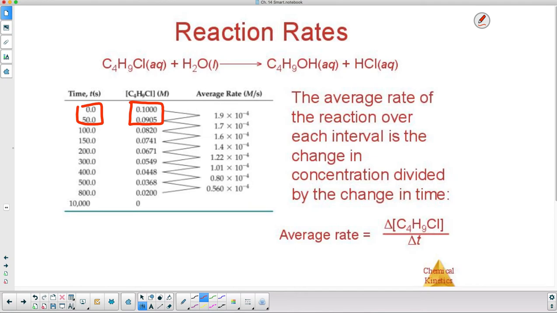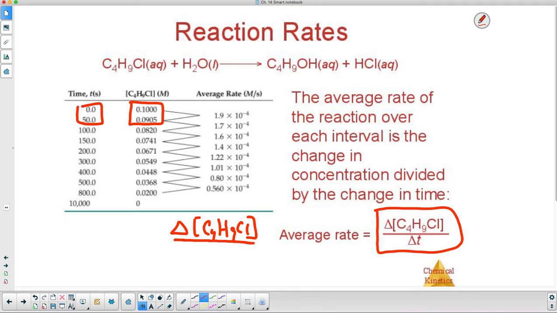Well, what happens if we graph that? Oh, by the way, the average rate is shown right here. And the delta means change in concentration. That's what the brackets mean.